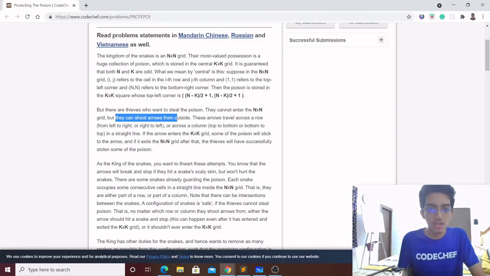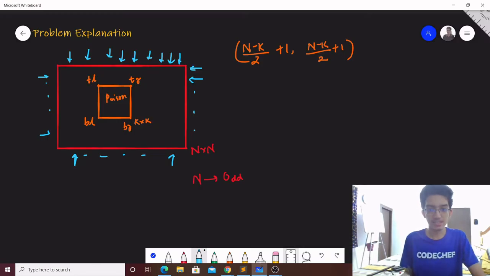And they shoot arrows. These arrows travel across a row from left to right or right to left, and across a column from top to bottom or bottom to top in a straight line. Straight line is important.